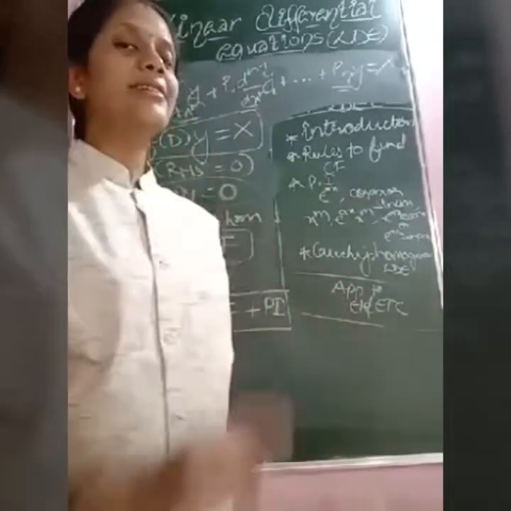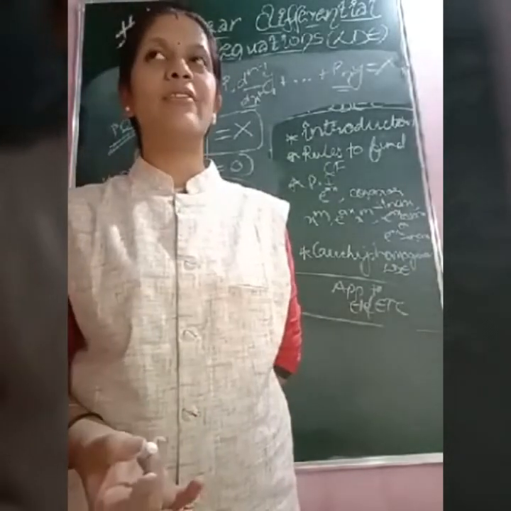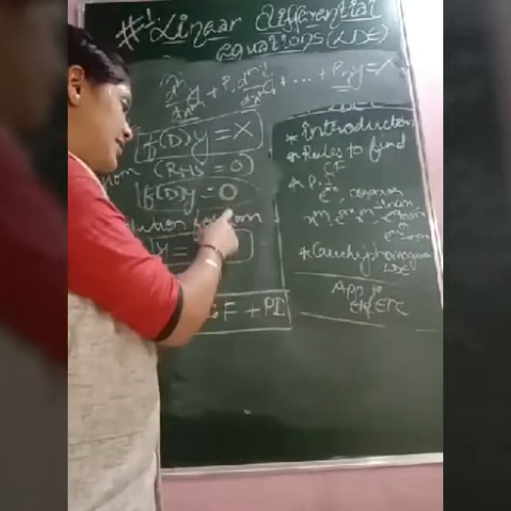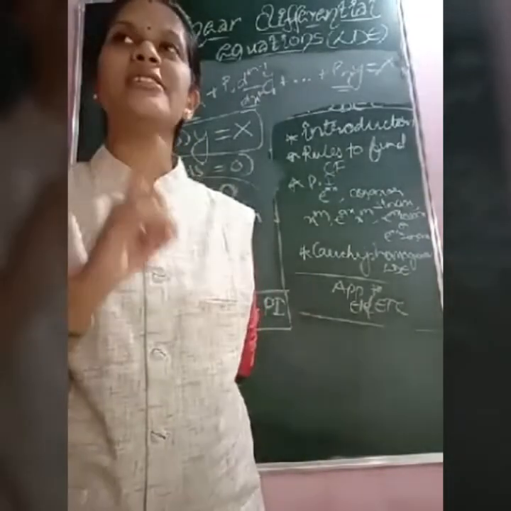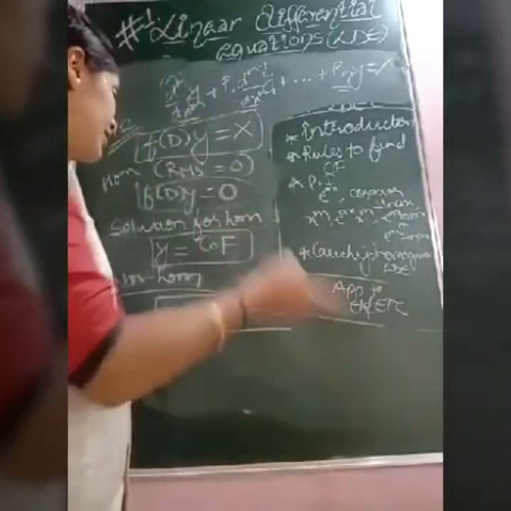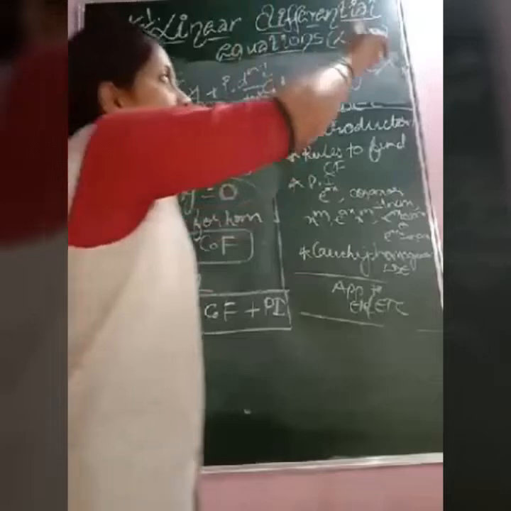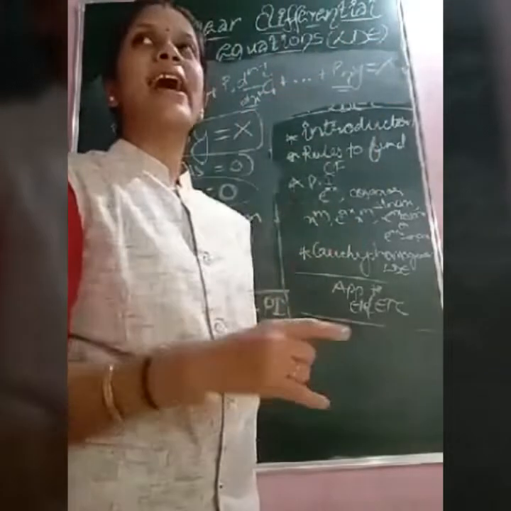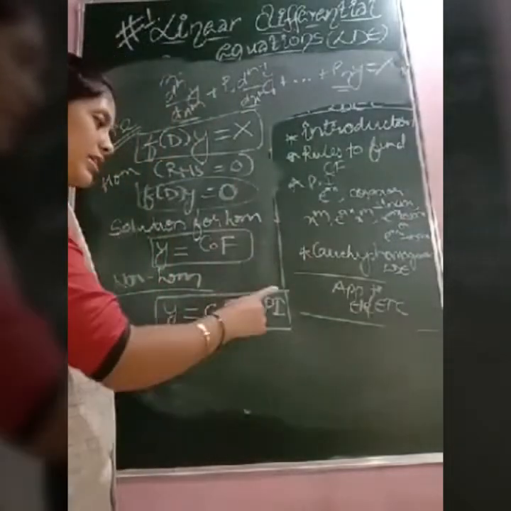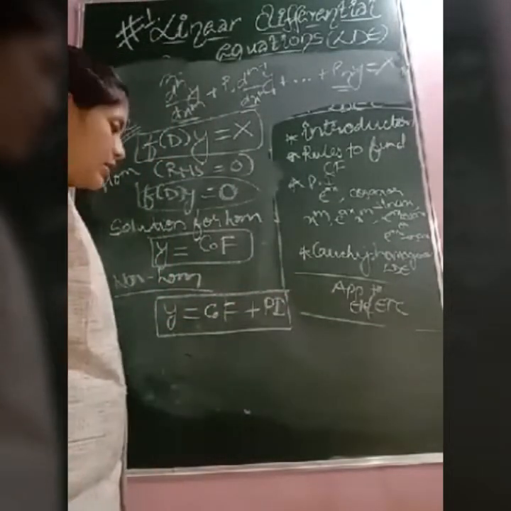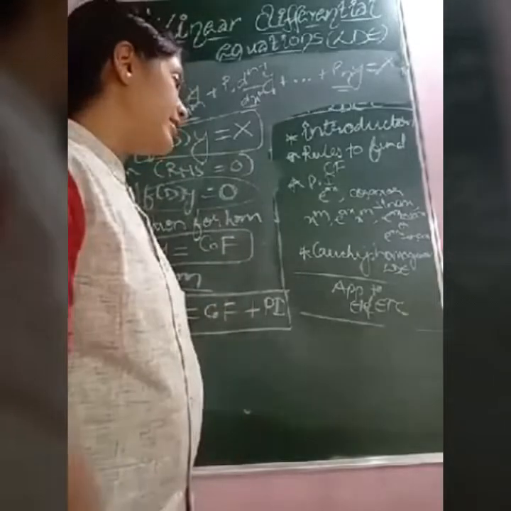Right now, let us just understand. The solution for homogeneous is given as y equal to CF, just the complementary function. CF stands for complementary function; in the exam we can just write CF. And for non-homogeneous equations, that is, the RHS is not 0 but some function of x, the complete solution is y equal to CF plus PI. In our next sessions, we are going to see how to find CF.